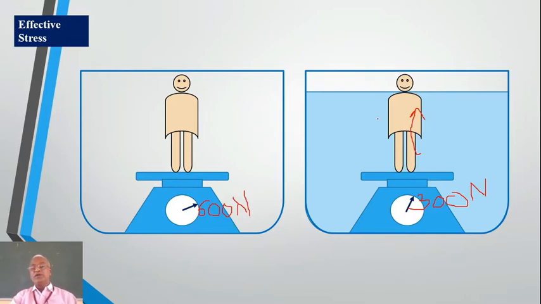Here, though his weight is 600 newtons, because of the buoyant force, the effective pressure applied on the pan is only 300 newtons. So effectively, how much the two objects are pressing against each other is known as effective pressure.